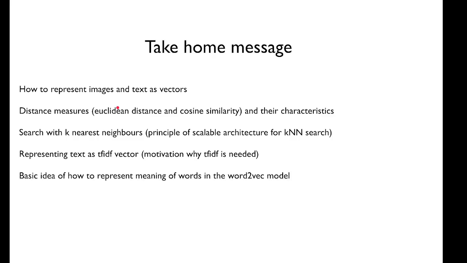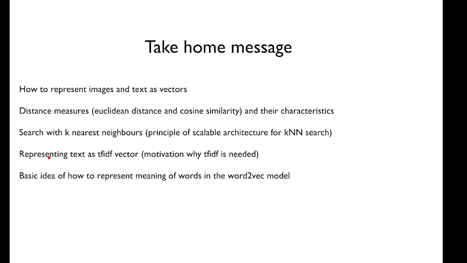So take-home message, you should understand how to represent images and text as vectors. Once they're vectors, you should understand how you can apply Euclidean distance or cosine similarity and what their characteristics are, and why there's not one definite distance measure that is always the best. You should understand how to search with K-nearest neighbours and the principle of scalable architectures for these nearest neighbours.